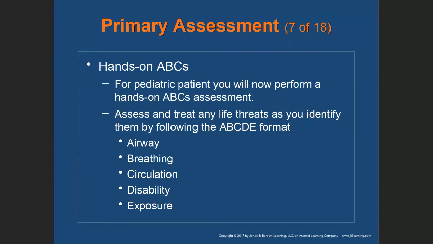So hands-on ABCs. For pediatric patient, you will now perform a hands-on ABCs assessment after you have done your PAT. Assess and treat any life threats as you identify them by following the ABCDE format.